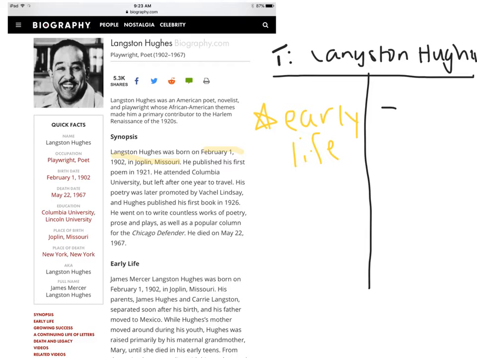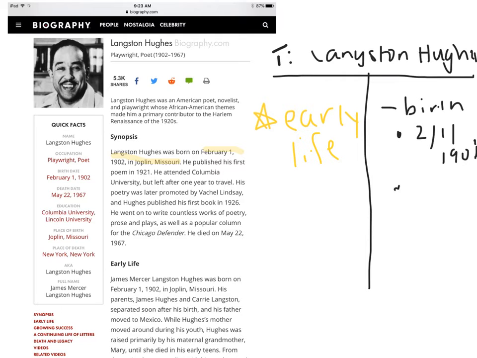So it's going to be his birth. And then my dot is my detail about that. So it's going to be February 1st, and I'm running out of space, 1902. I'm going to continue reading.